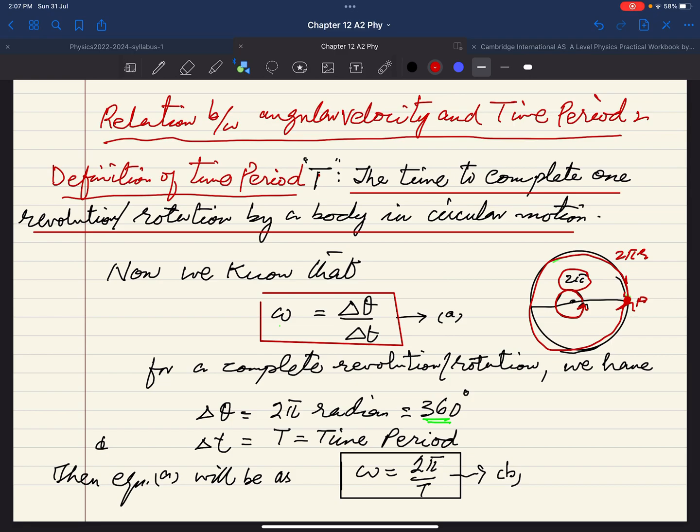So 2 pi radian is the complete angular displacement, or 360 degree you can write, and delta t is the time, and over here the T is basically the time period.